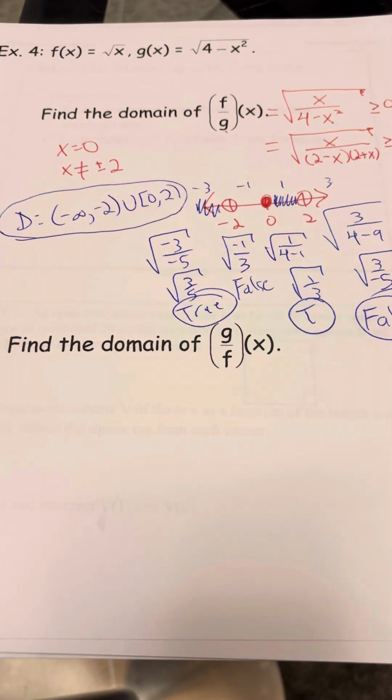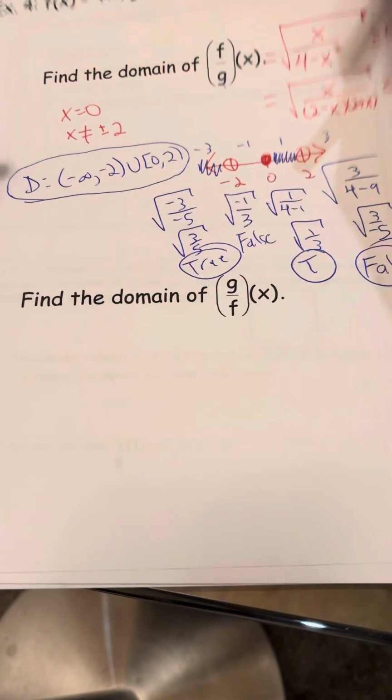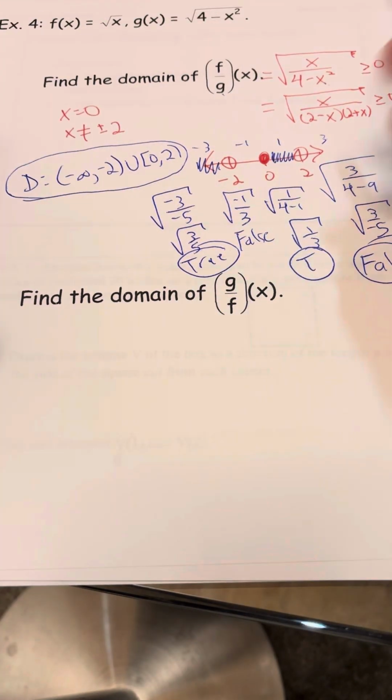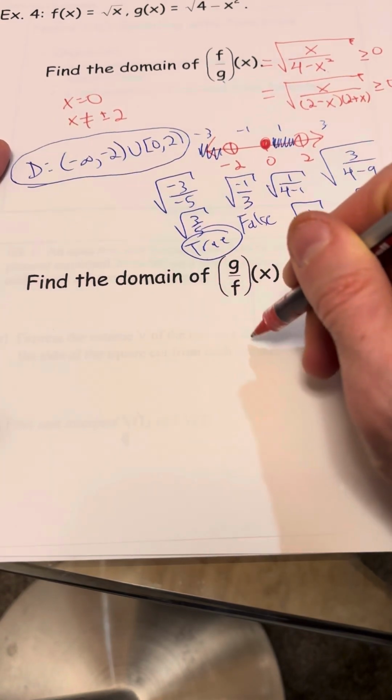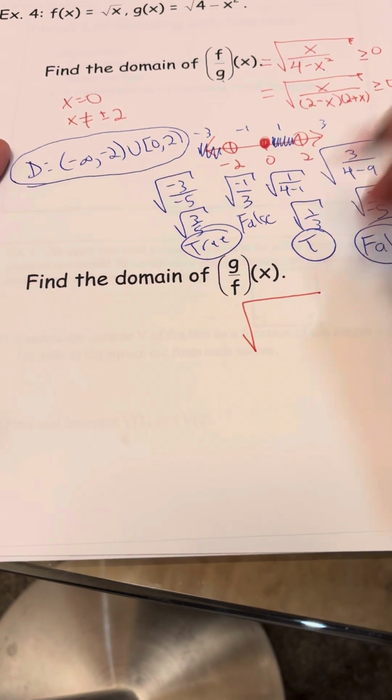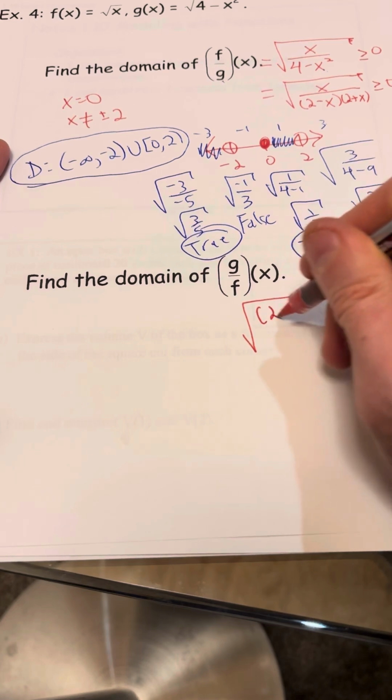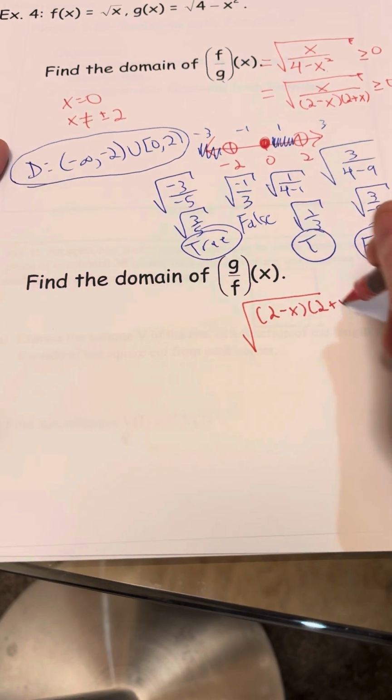Now, good news is when we ask you to find the domain of g divided by f of x, all that's going to do is flip our fraction, take the reciprocal of it. So I'm going to use the one that's already factored. So now the 2 minus and 2 plus x are in our numerator over x.